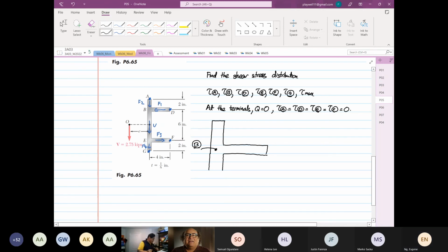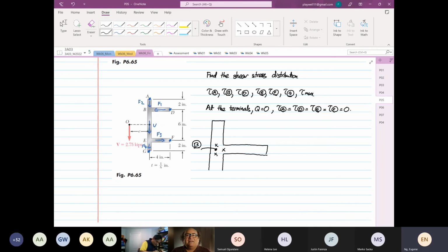What are the values we are going to find? As we imagine, point B can have 3 locations. It can have a location over here, this is also point B, can have another location over here, or another location over here. There are 3 separate locations.